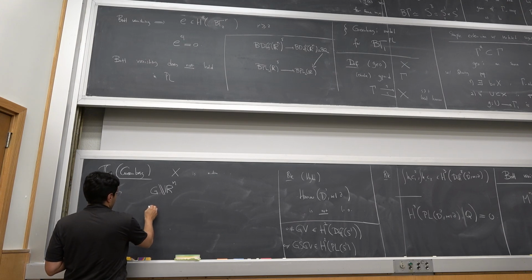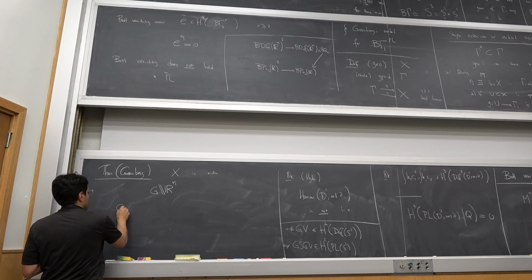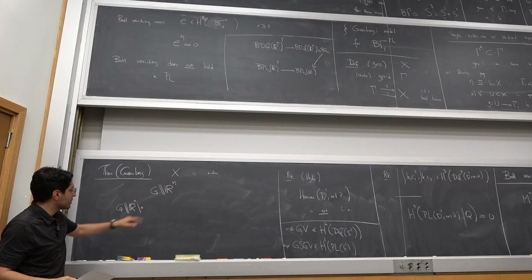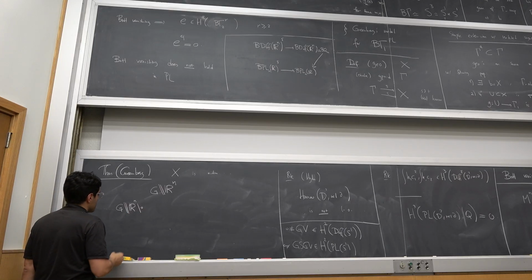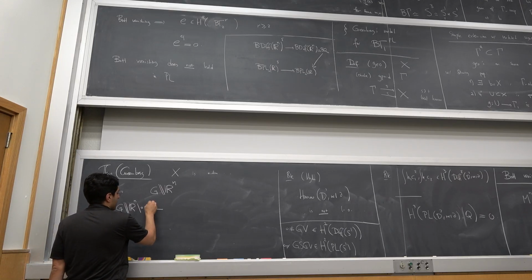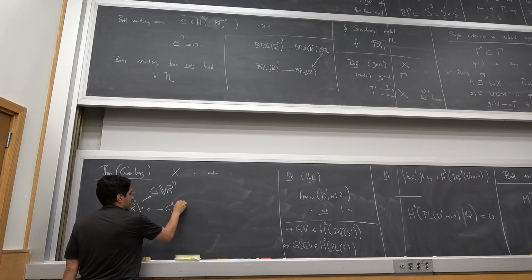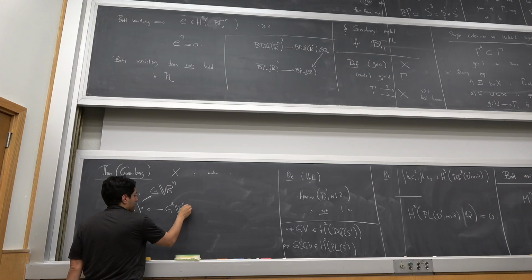And it acts also on R^n minus a point. This is going to be the singularity that you remove. And then there is an action of G_A, again, on R^n minus a point.